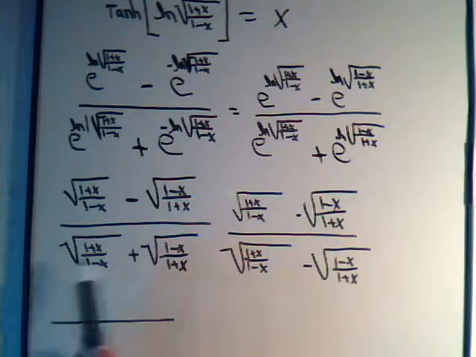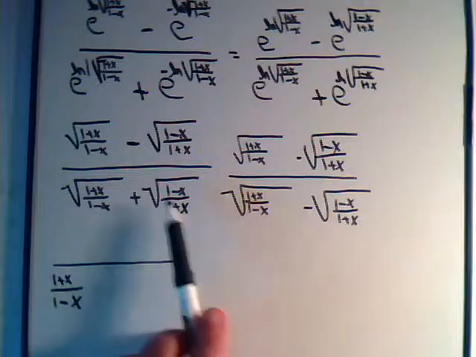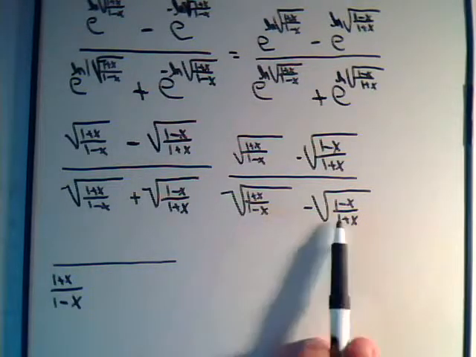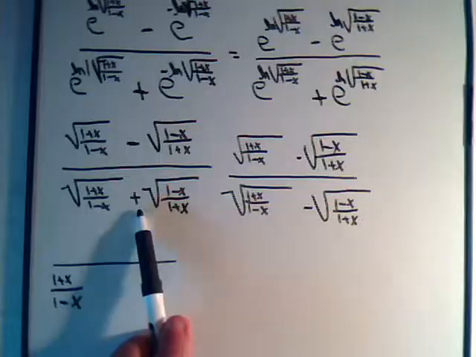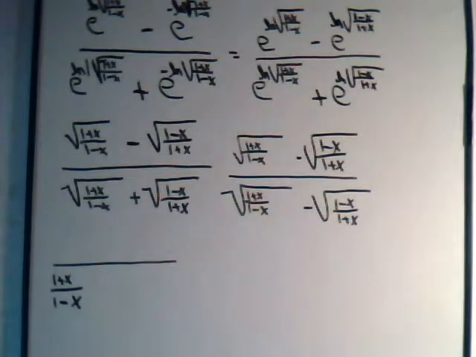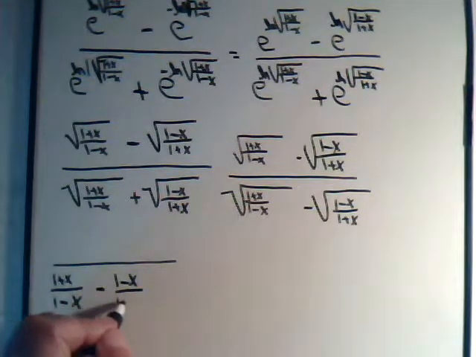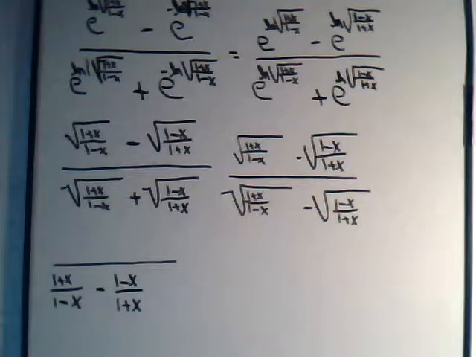This will give us 1 plus x divided by 1 minus x, multiplying these two terms together. And here we have the same as these, except this has a positive sign and this has a negative sign between the terms, so those inner terms will cancel out, which is good because we want to get rid of the square root signs. And this will be minus 1 minus x divided by 1 plus x.